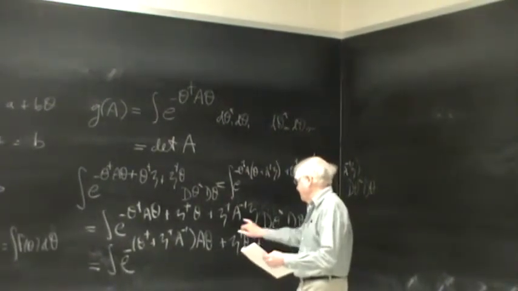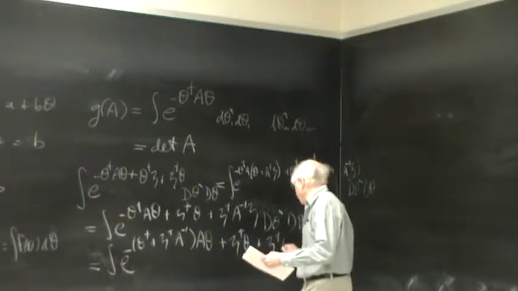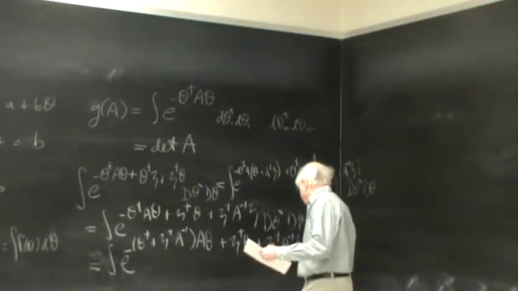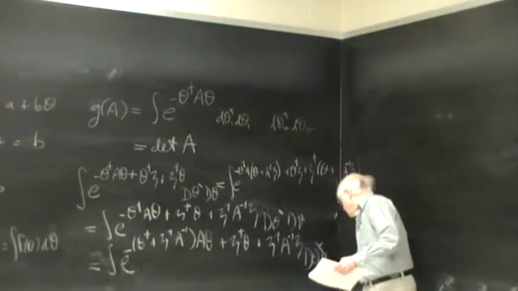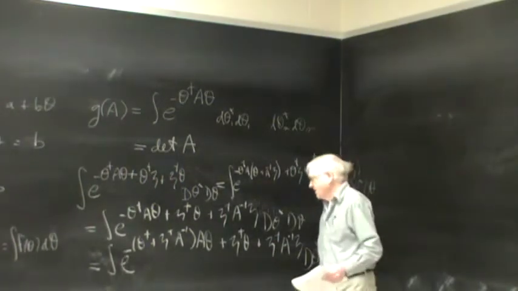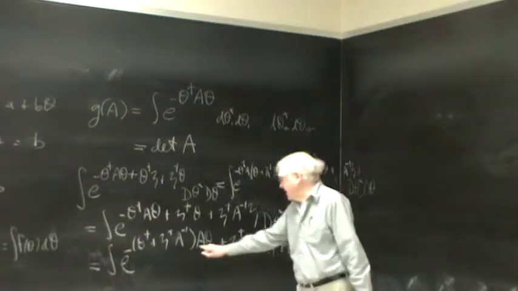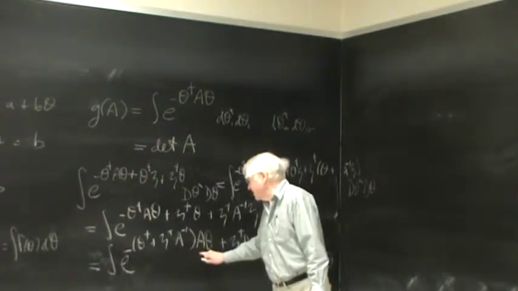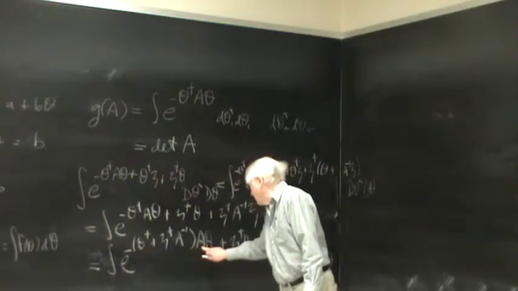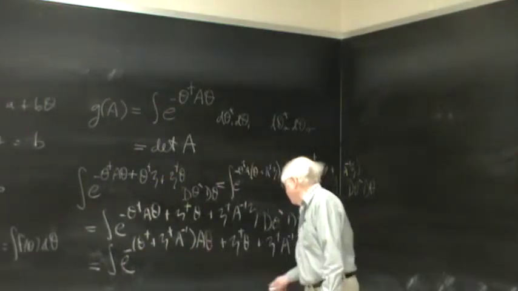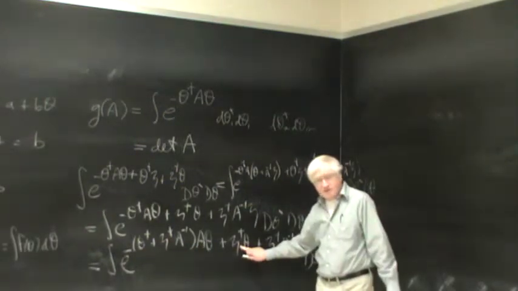And then we have this term, which is zeta dagger A inverse zeta d theta star d theta. Okay, now you see the A inverse cancels, and we have minus zeta dagger theta. That cancels this one.